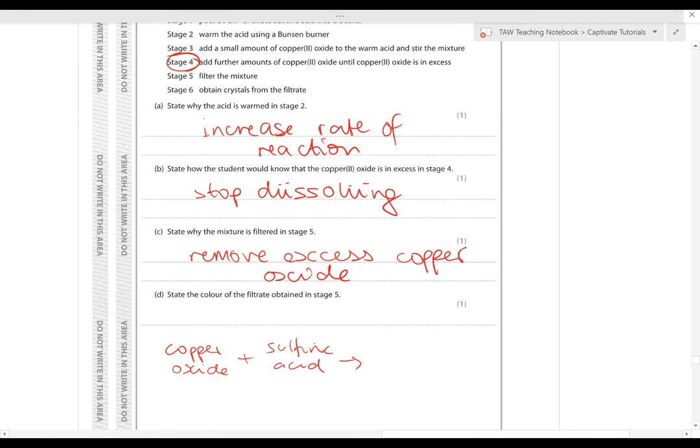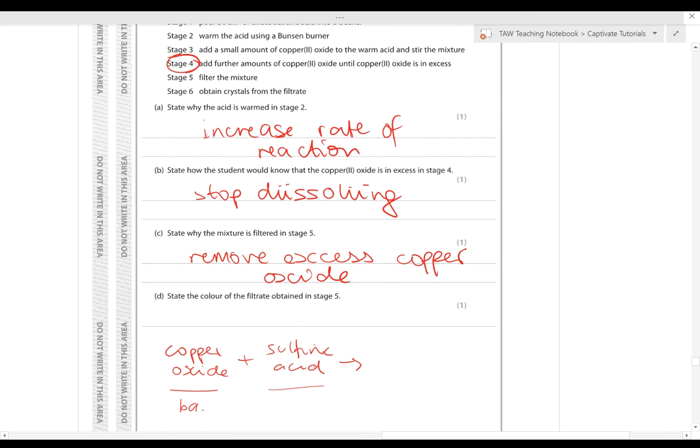D, state the color of the filtrate obtained in stage 5. This is where it's important to understand the reaction going on here. So we've got copper oxide and sulfuric acid. So this is a base and an acid, so we form a salt plus water.